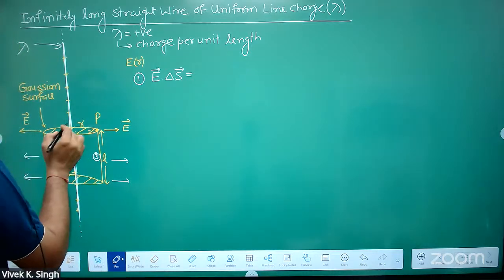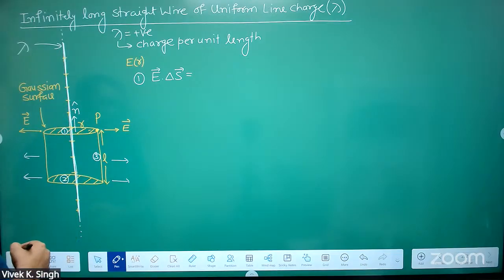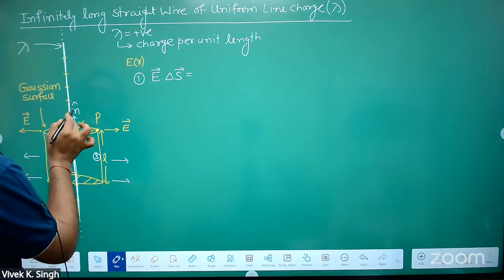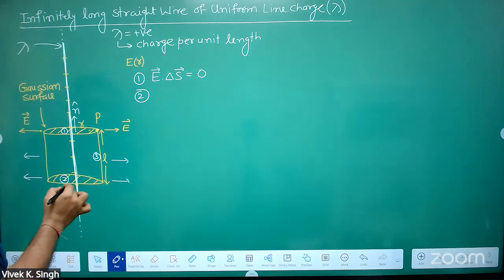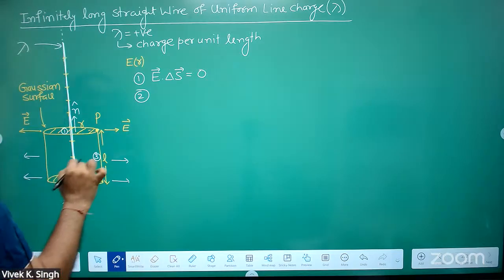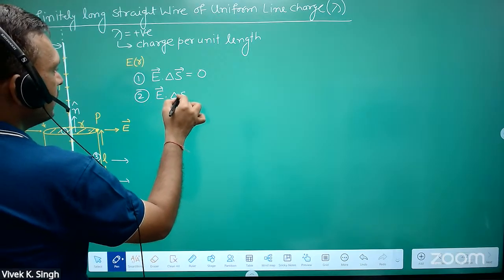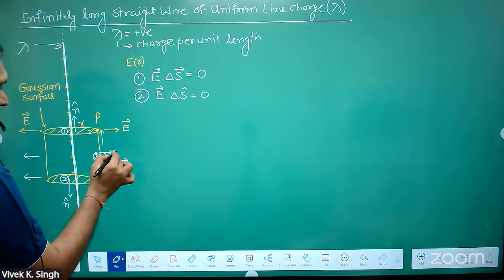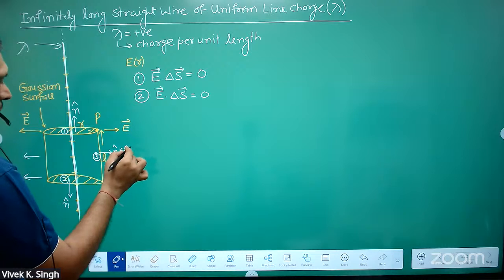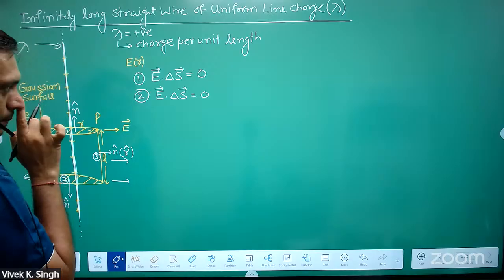E is in this direction and delta S is perpendicular to, ये इस पे n कैप की डायरेक्शन हो गई, तो E और n कैप परपेंडिकुलर हैं तो ये जीरो होगा। अगर मैं सेकंड सरफेस की बात करूं तो ये n कैप की डायरेक्शन होगी और E और n कैप दे आर परपेंडिकुलर, so again E dot delta S will be zero. और अगर मैं थर्ड सरफेस की बात करूं, ये n कैप की डायरेक्शन क्या होगी? ये r कैप। So again E and delta S, they are in the same direction.